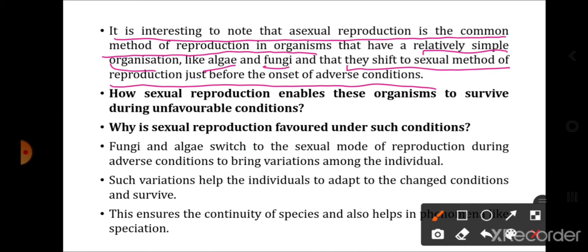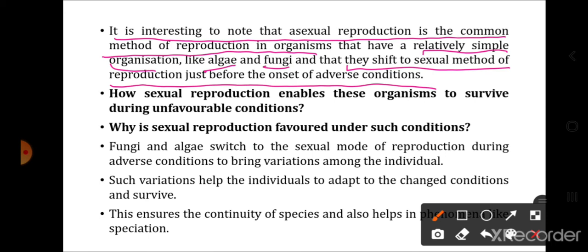Those organisms which have simple body organization normally reproduce through asexual reproduction. But as soon as adverse conditions arrive, these organisms switch to the sexual mode of reproduction.